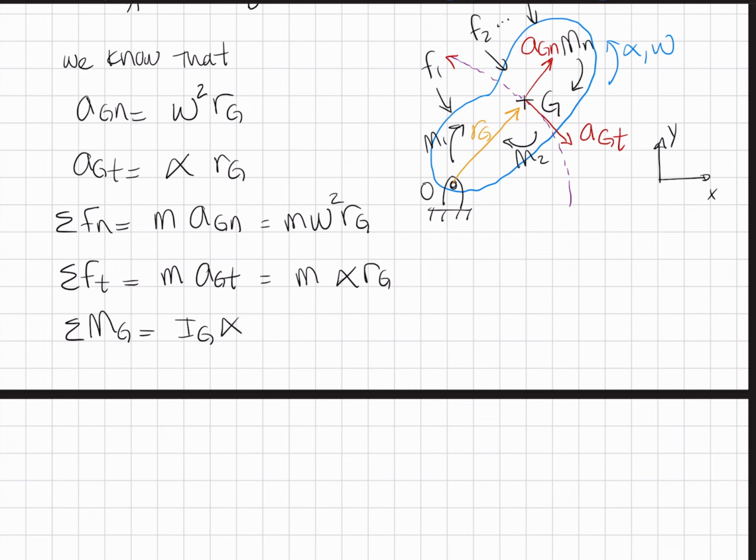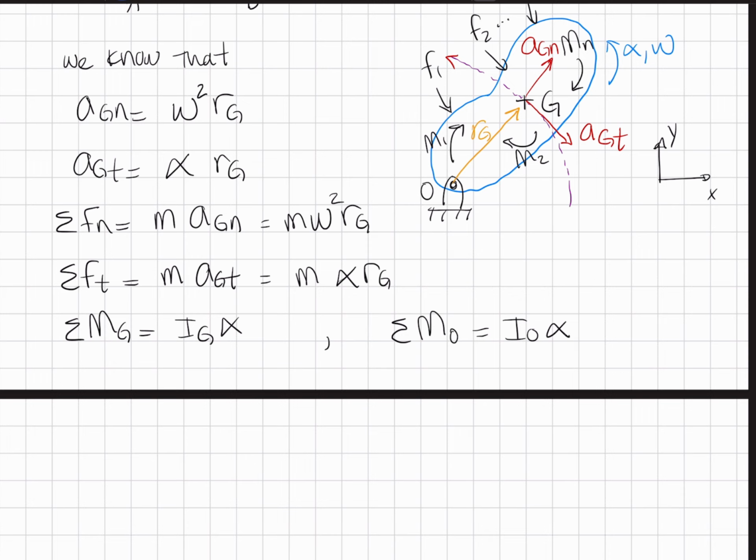We could also rephrase this third relationship. We could say we have sigma MO, so sum of moments around point O, equals IO alpha. So the same rotation acceleration, but different mass moments of inertia.